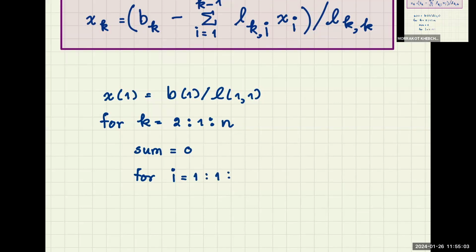Step 1 to N, right. 2K minus 1. Okay. Sum equals sum plus L_{K,I} times X sub I.